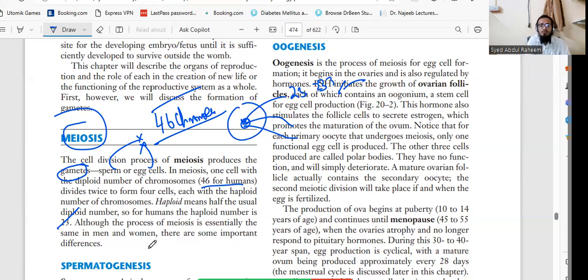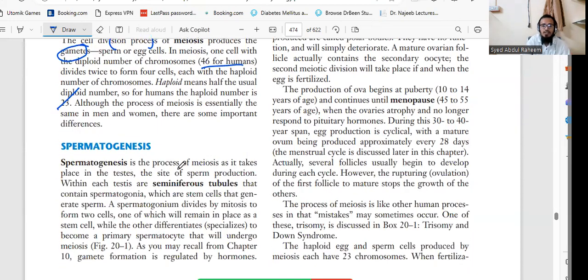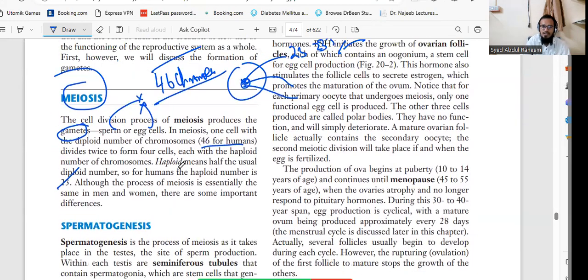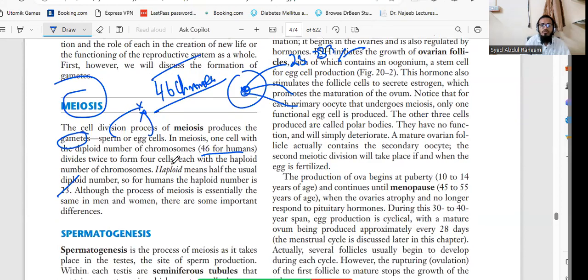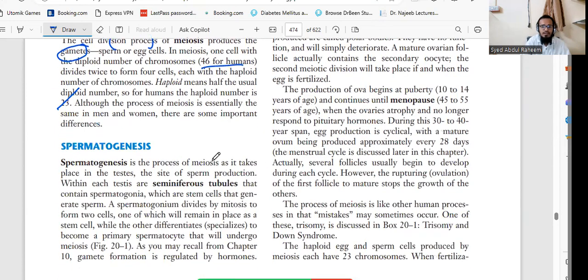So 23 will come from one side, 23 from the other side. There are some differences, and those things are discussed here.